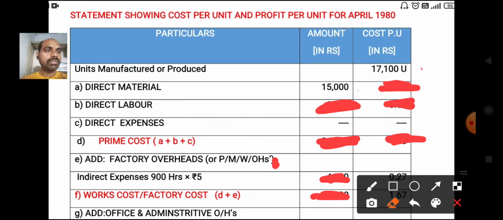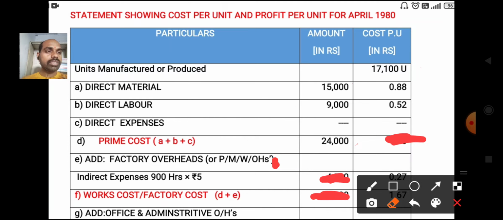So 15,000 divided by 17,100 units, you will get per unit cost as 0.8777. So I have taken 0.88. Direct labor 9,000 rupees divided by 17,100, it will be 0.52. Okay, we will take 0.52. If you add both 15,000 and 9,000, your prime cost will be, as there are no direct expenses, 24,000.